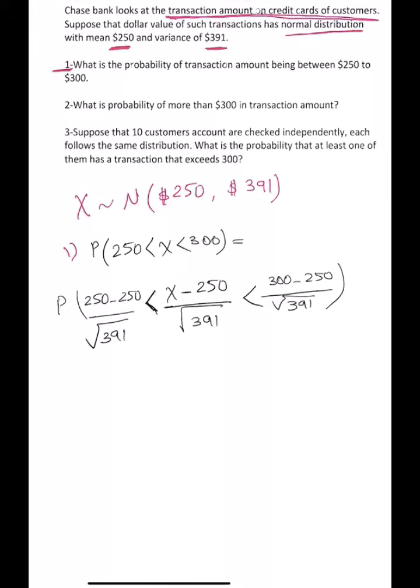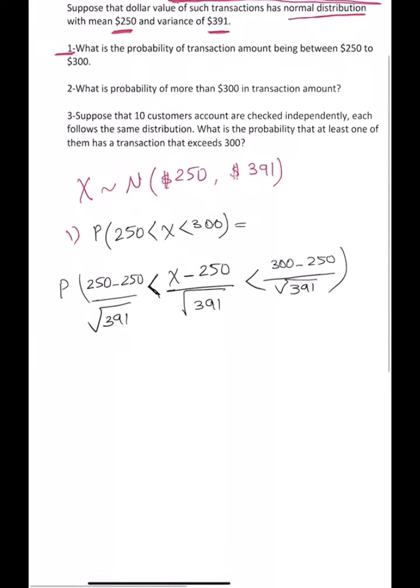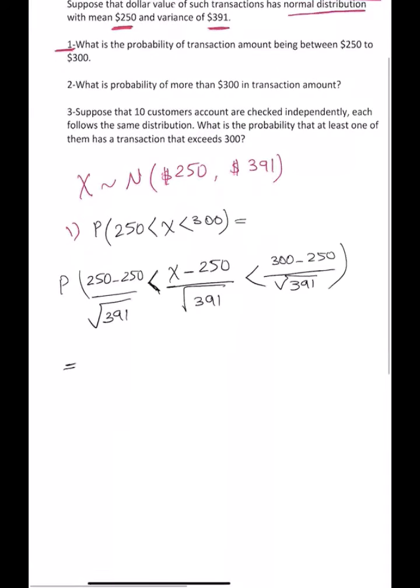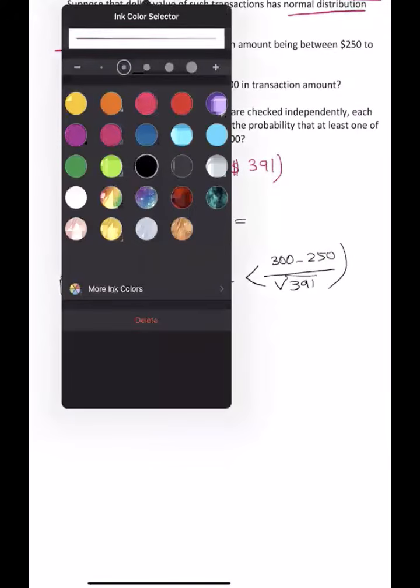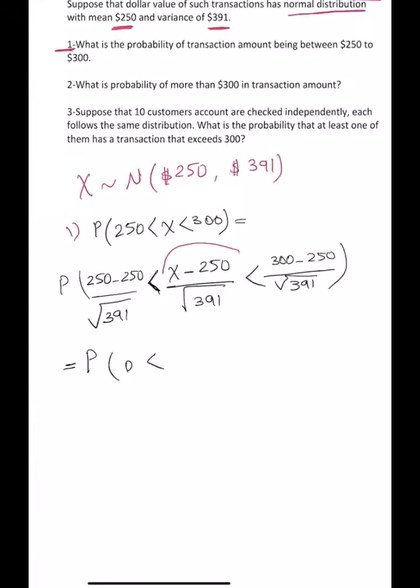And this is equal to the probability of, the left side is going to be 0, less than, what am I going to call this?